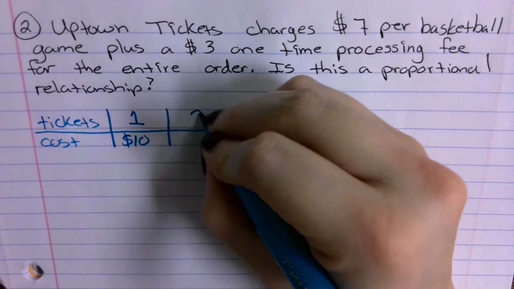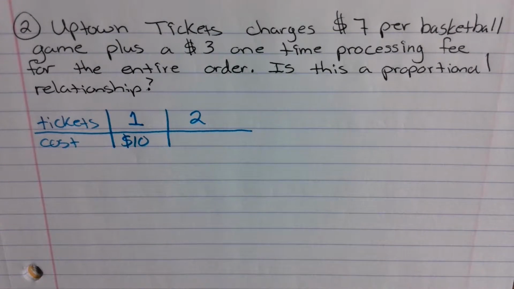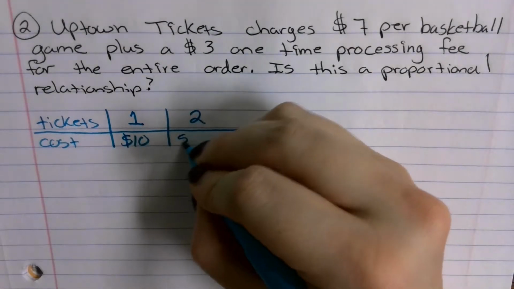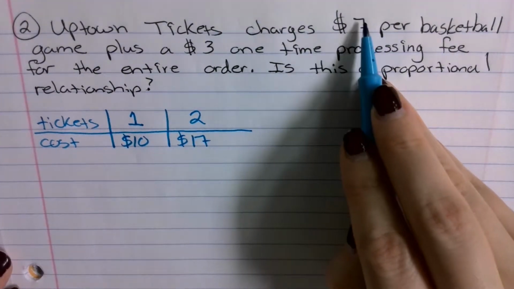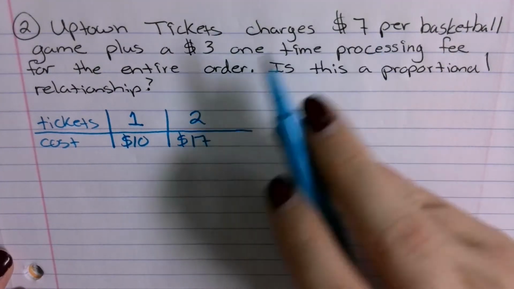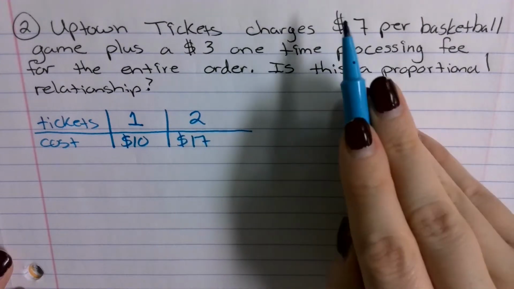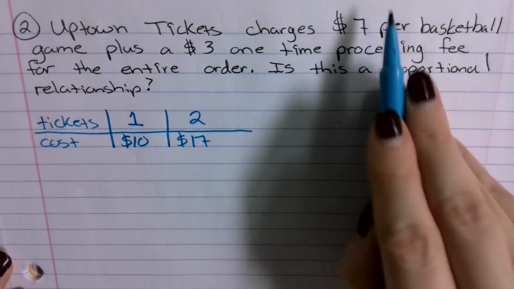Now, let's say instead of paying for 1 ticket, I decide I want to pay 2 tickets in that order. What is that cost going to be? $17. Good. $17 because you're paying $7 for each of the tickets. So $7 for 1 ticket, $7 for another ticket, that's $14.